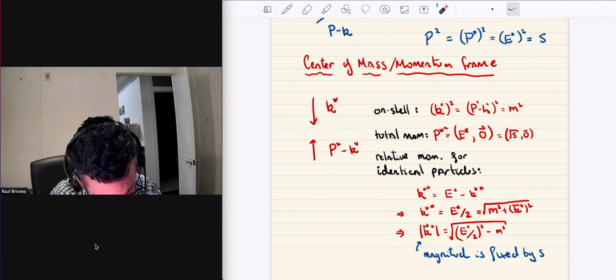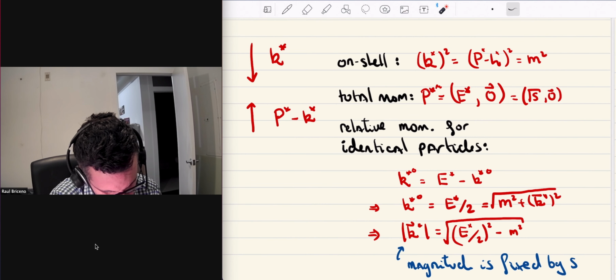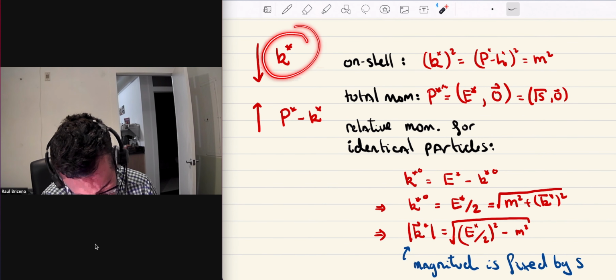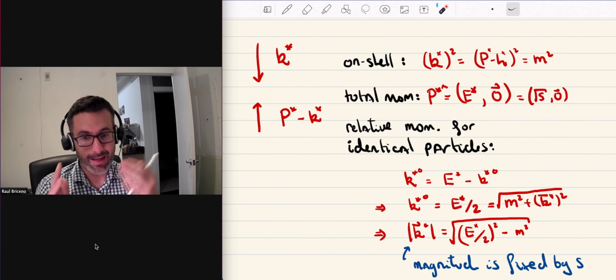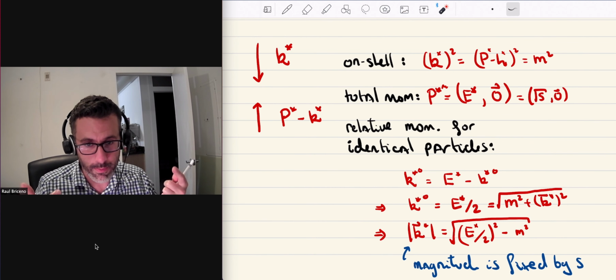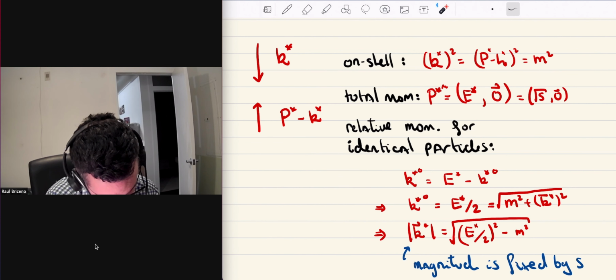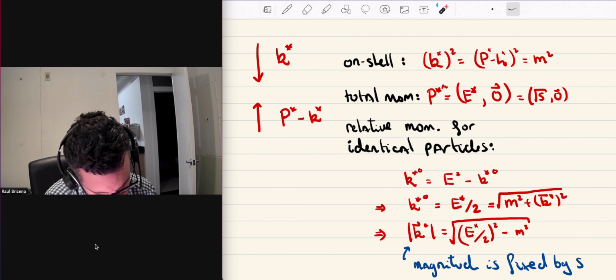because these are identical particles, the zero component of this particle and the zero component of this particle are equal to each other, because the masses are the same and the magnitudes of the momenta are the same, right? And so this tells me that the zero component of one of the particles is equal to half of the total energy of the system, right?